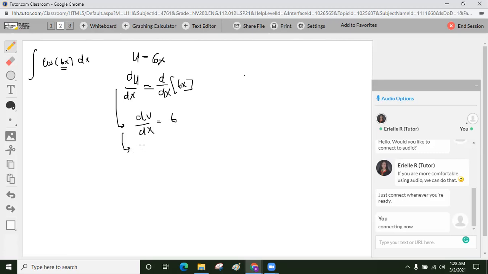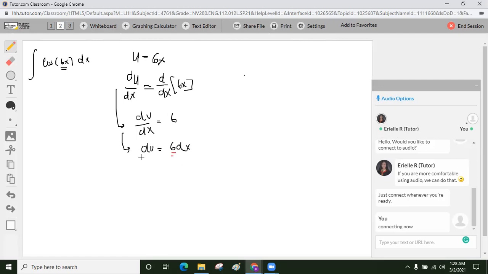And it seems like you want dx in terms of du. So we would do some transposition, and we would get du equals 6 dx. Okay, so as you notice right here, we have a constant 6 right before dx.